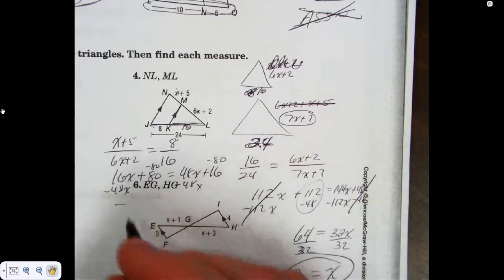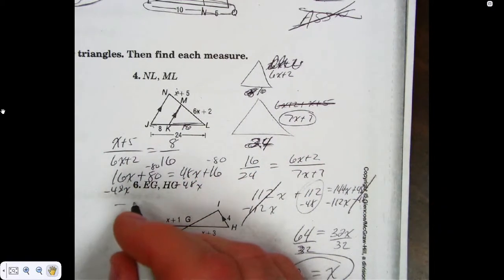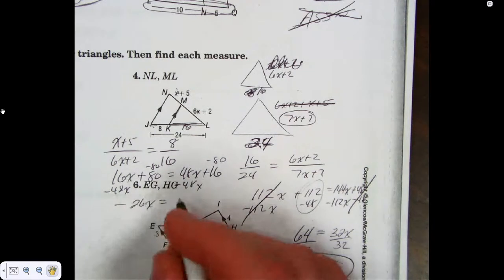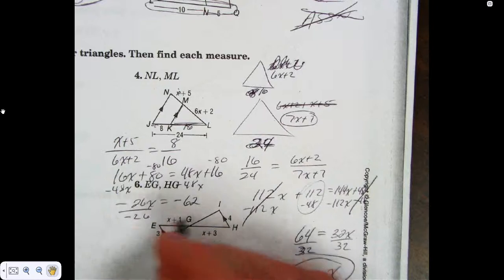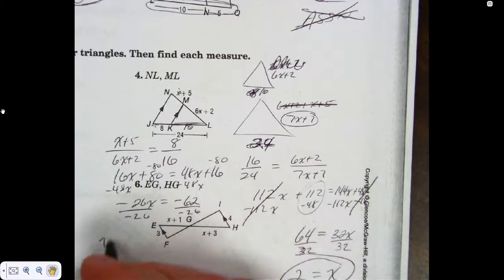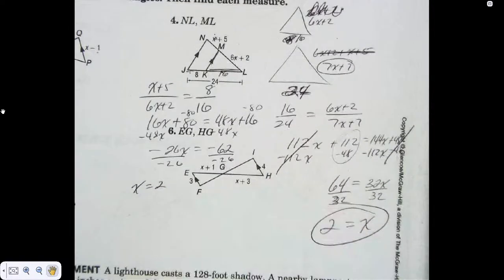I get negative what? 26? Is that right? Negative 62. Divide by negative 26, what do you get? Get the exact same answer, don't you?